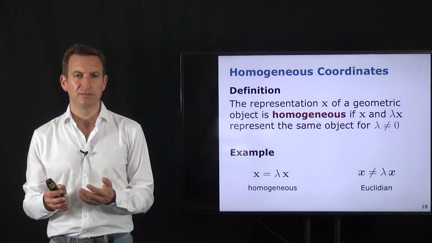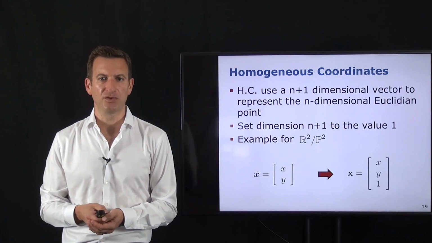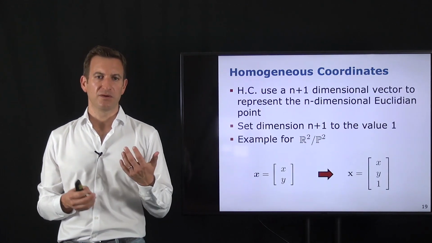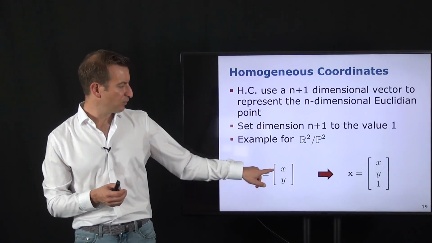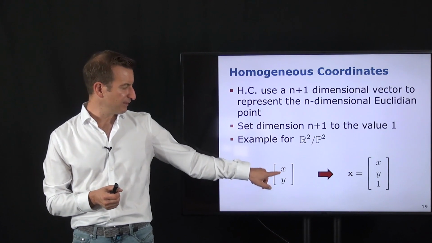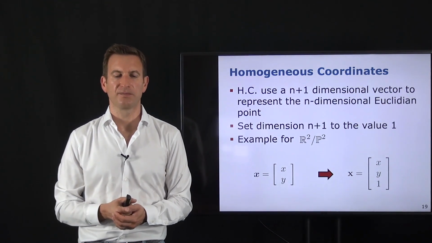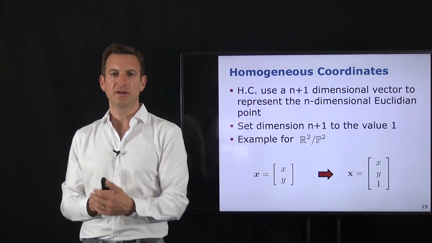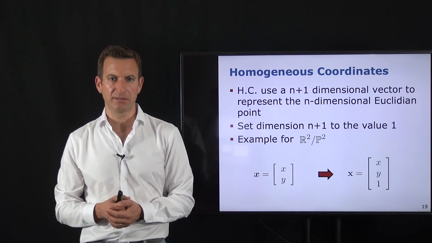So now let's become a little bit more concrete. How does this look, for example, for a point in 2D? If you have a 2D point in our 2D Euclidean world, point x with an x and a y coordinate, boldface is a vector, and these are the individual coordinates in regular characters. Then, to go to homogeneous coordinates, we turn from an n-dimensional space to an n+1 dimensional space.